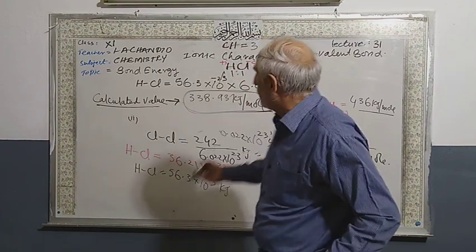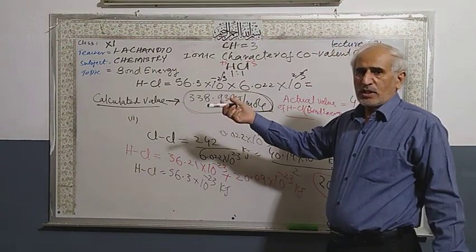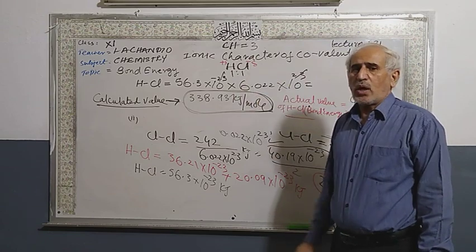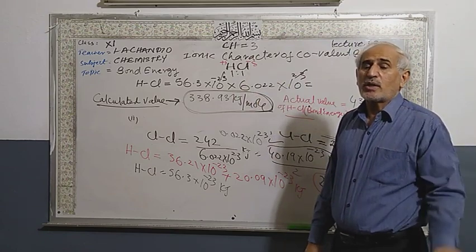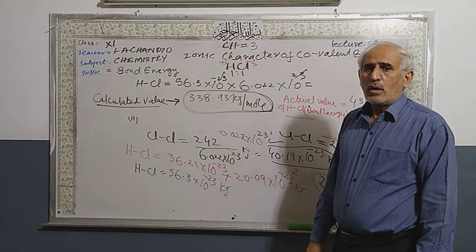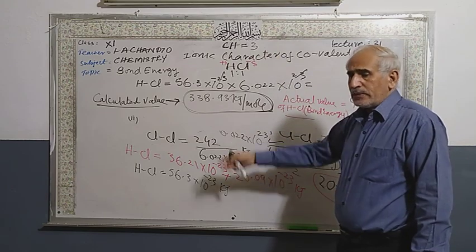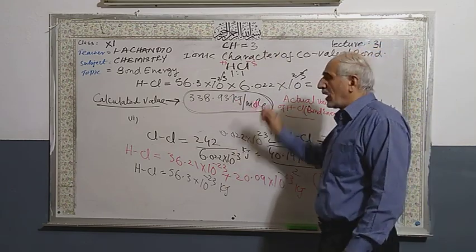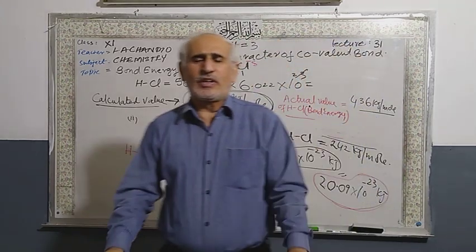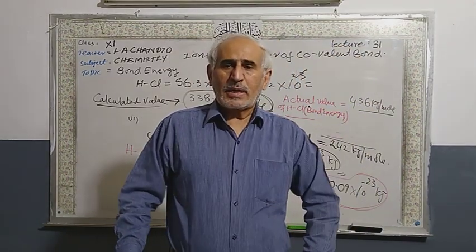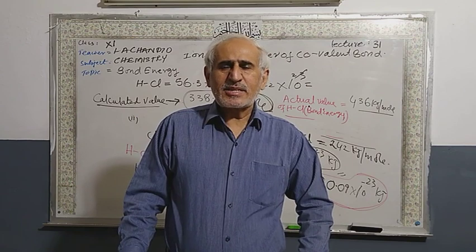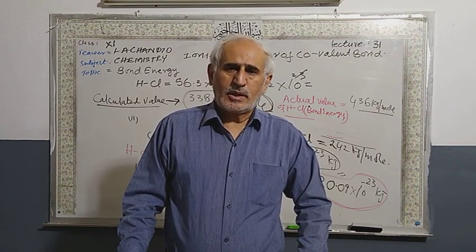So if you are asked in an examination to calculate for hydrogen iodide, the same procedure applies, and between the hydrogen halides you will get the least difference for hydrogen iodide, because it has the least ionic character.